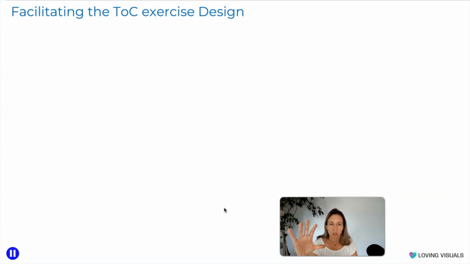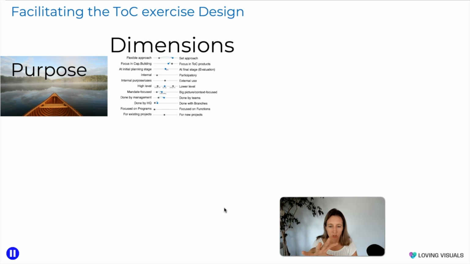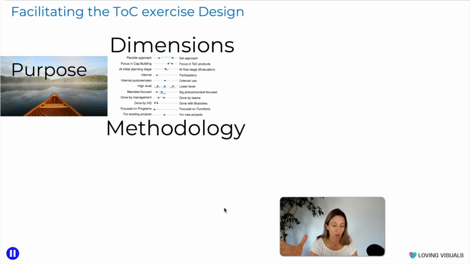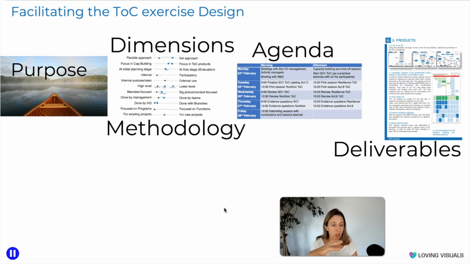So to summarize, what you need to do for designing a workshop is first clarify the purpose, then the dimensions, what exactly are we focusing on and how exactly is this going to be shaped, and the methodology, which is often the same but can have variations, the agenda and the invitations, and also the deliverables, what exactly we want to have as final products, and probably we need to talk about the template at that point.